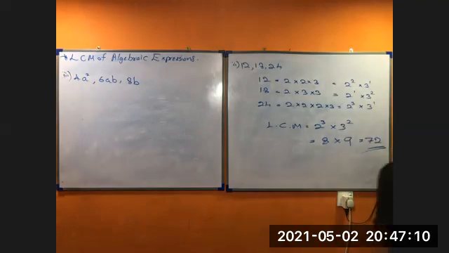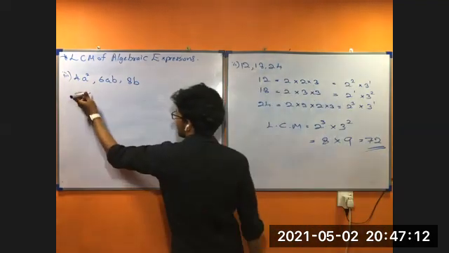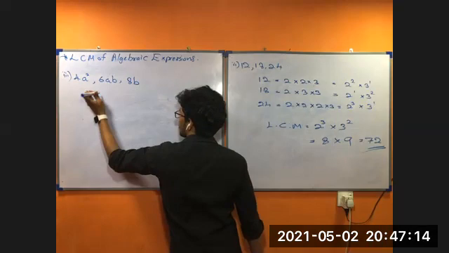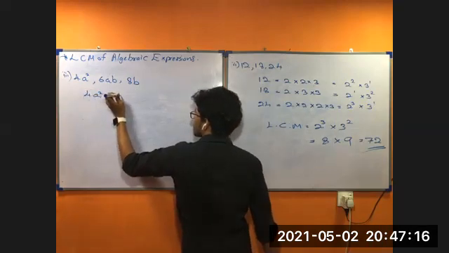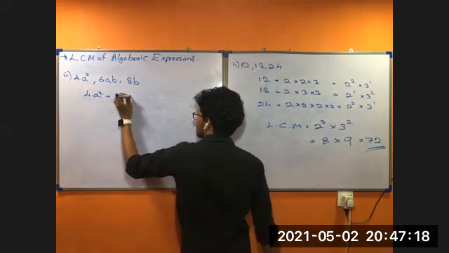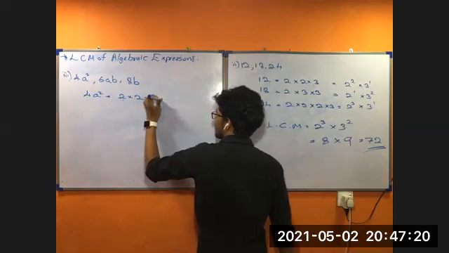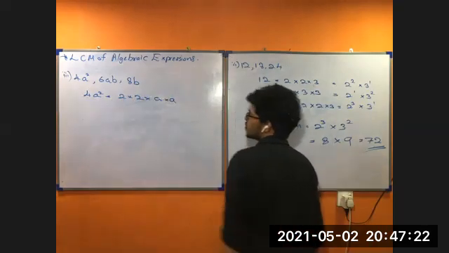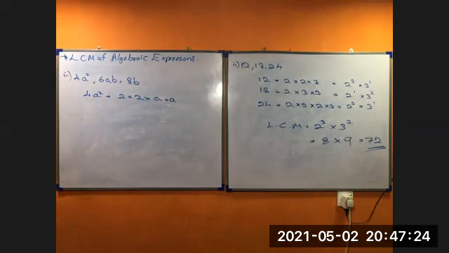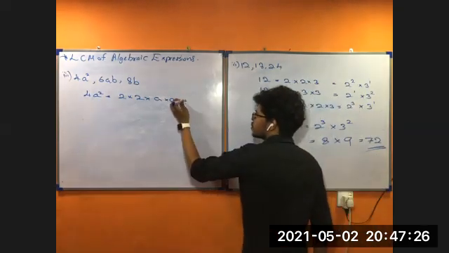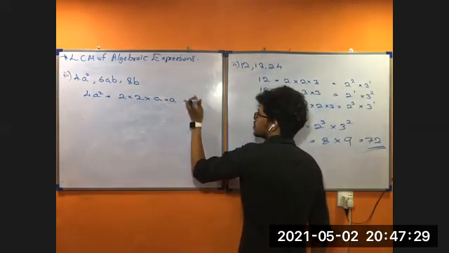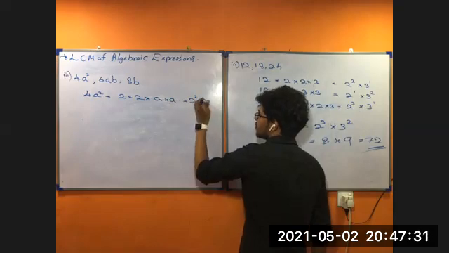So what is going to give me? For 4a squared, you can make it 2 times 2 times a times a. So that means 2 to the power 2 multiplied by a to the power 2.